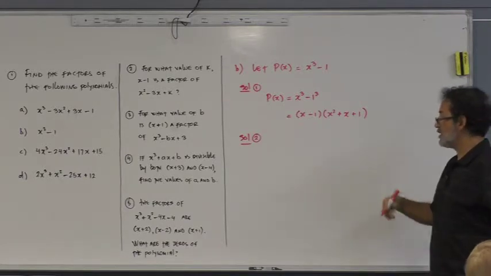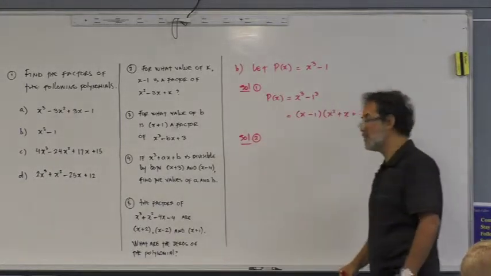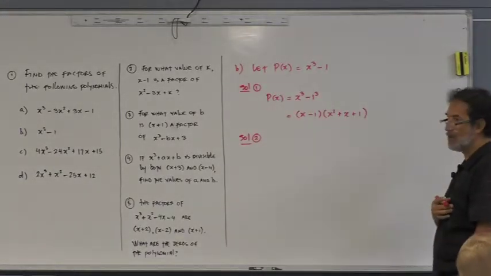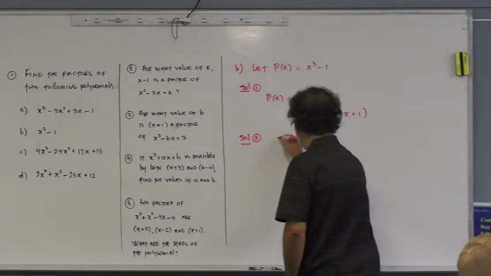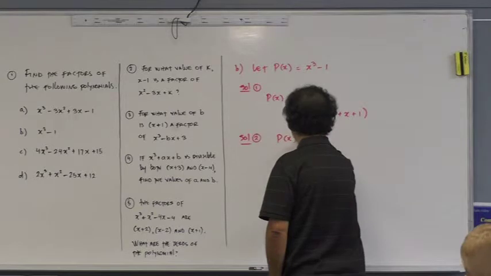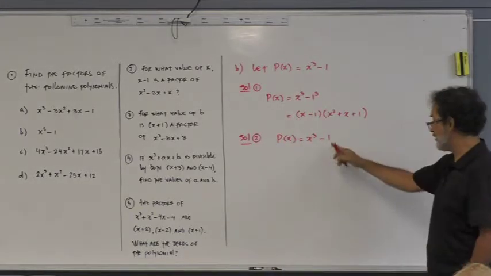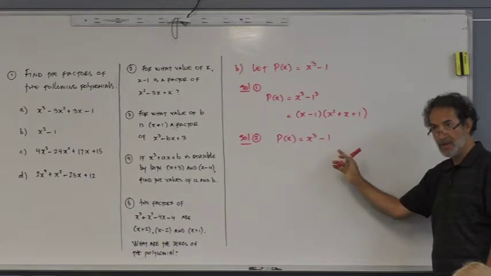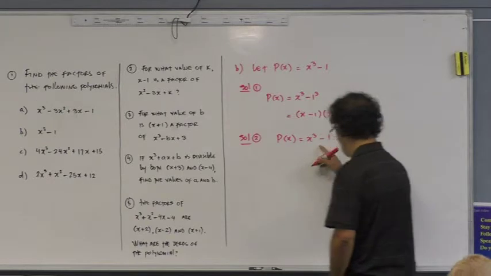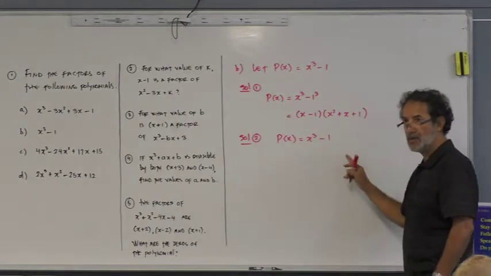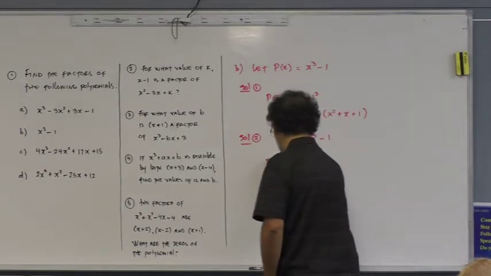But I really want to use what we have been doing and see how we're going to find the answer for this. So you're going to write it down again: p of x is equal to x cubed minus 1. And then we need to find the factors of negative 1, which are negative 1 and positive 1. We're going to check what happened with 1.